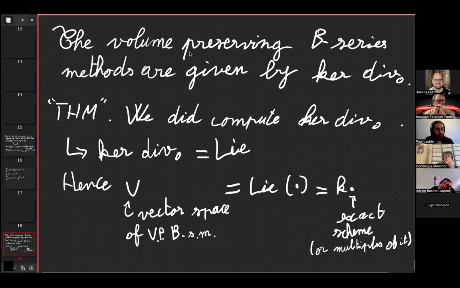And the thing which is quite interesting is that here a Lie algebra appears. We have, in fact, the Lie operad appearing, but the Lie operad is a Lie algebra as an algebra of a species. And this also allows us to understand the aromatic B-series methods. You can classify all the volume-preserving aromatic B-series methods by computing the Chevalley-Eilenberg homology.